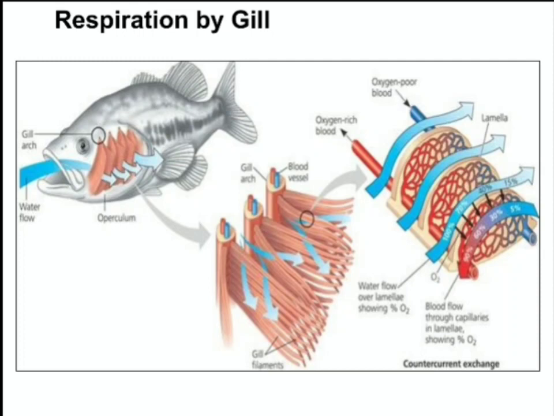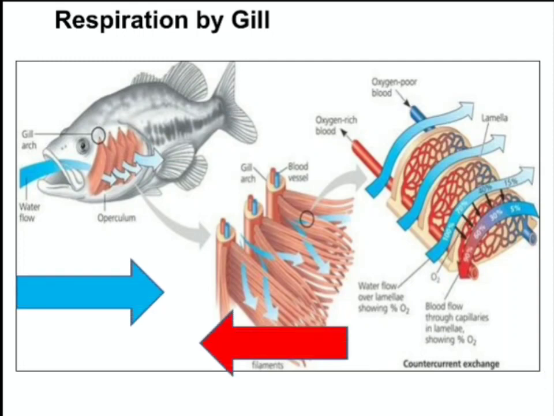It may move from right to left depending upon the position of the gill filament. But water will move in one direction, and oppositely the blood moves, in a counter current manner.